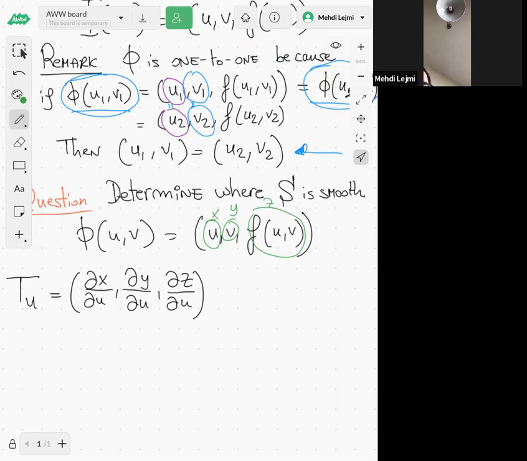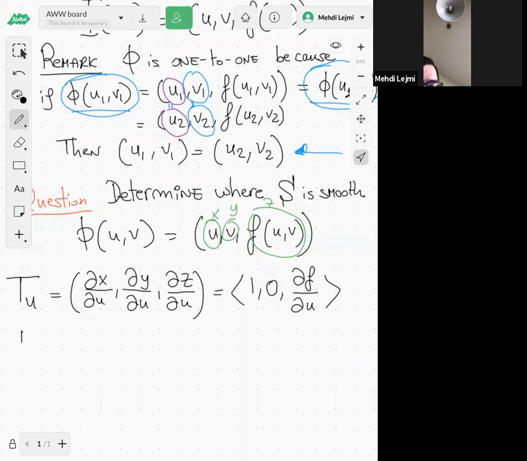So partial x, partial u: x is u, so the derivative is 1. y is v, so the derivative of y with respect to u is 0 because v is a constant. And we don't know the explicit expression of f, it doesn't matter. But the derivative of z with respect to u will be the partial derivative of f with respect to u. That's my tangent vector t index u. Again, guys, if you have any questions, just let me know. You can stop me at any time.